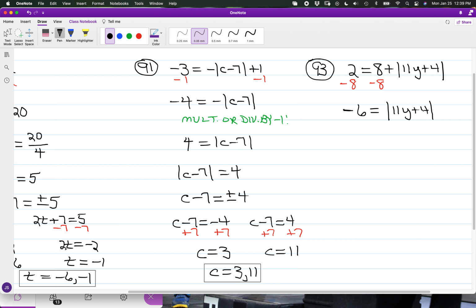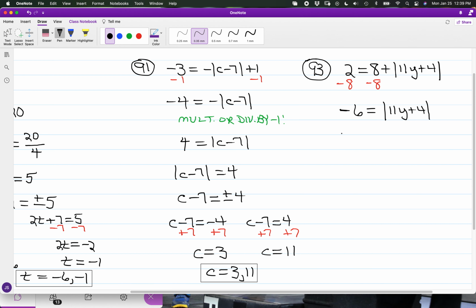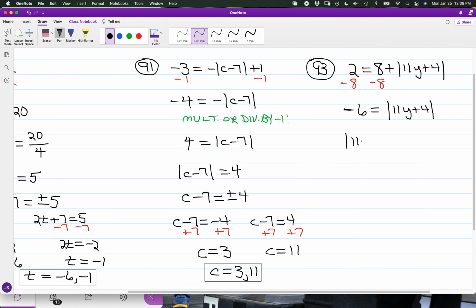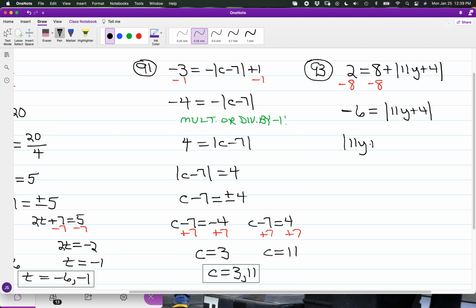Again, I can keep both sides as they are, but I'm just going to swap the location. I'm going to move the absolute value term to the left and the constant to the right. So I have the absolute value of 11y plus 4 is equal to negative 6. In this case, I have the absolute value of x represented by the absolute value of 11y plus 4, and k is negative 6. Again, k should be a non-negative constant.